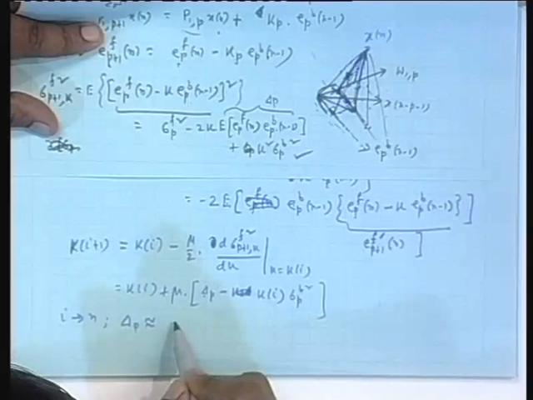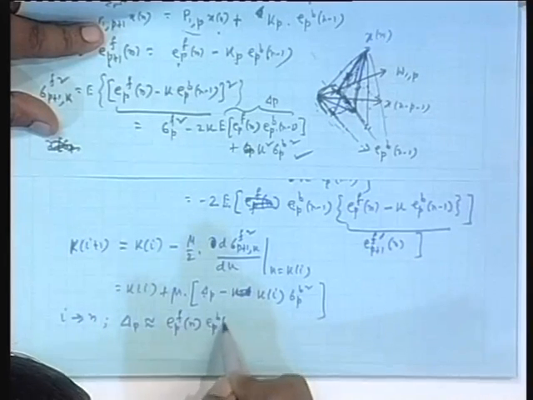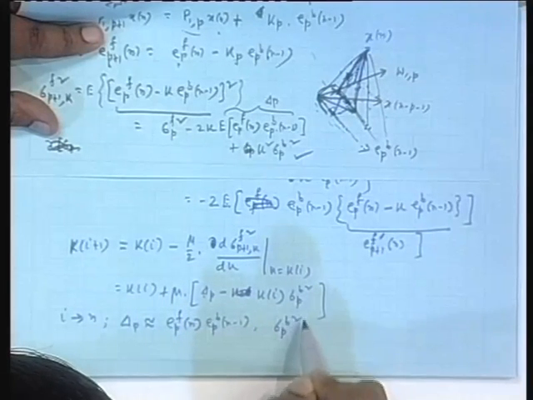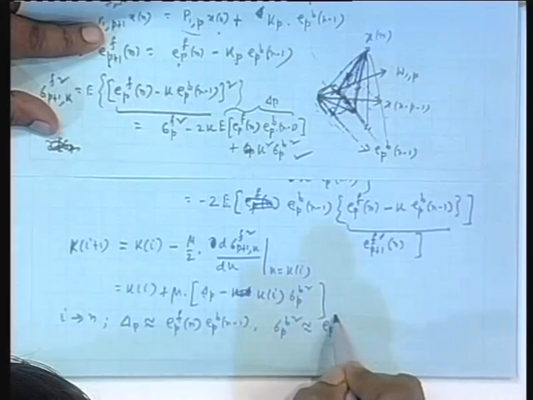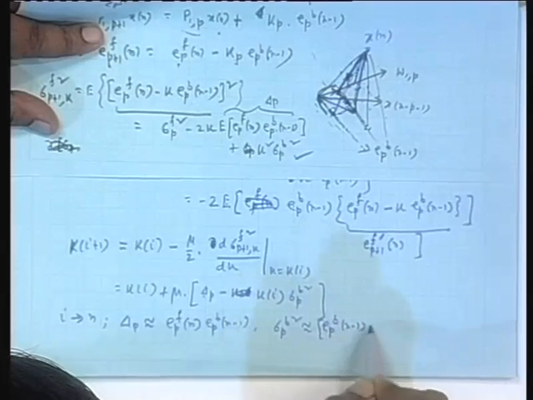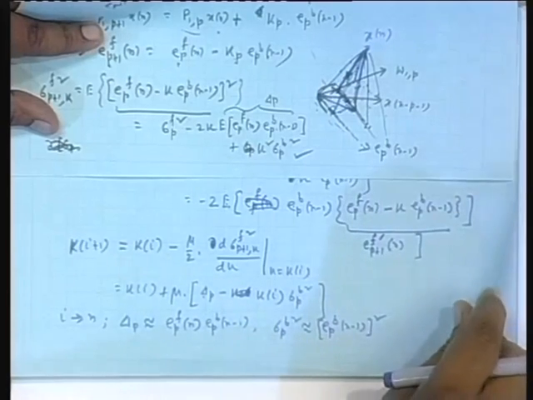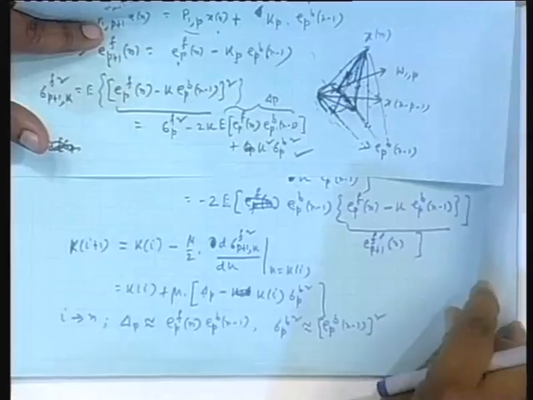So, delta p, suppose I replace as this, then from here I get the LMS version.